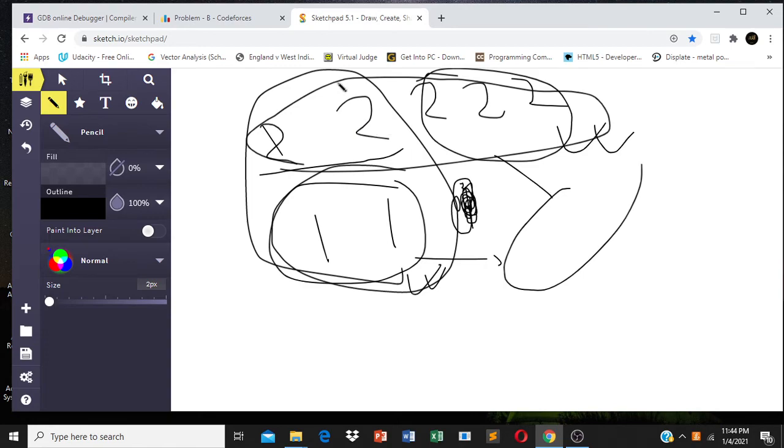I also showed you how we can make it when the count of 1 is even and the count of 2 is odd. Let me show you another one: count of 1 odd and count of 2 even.